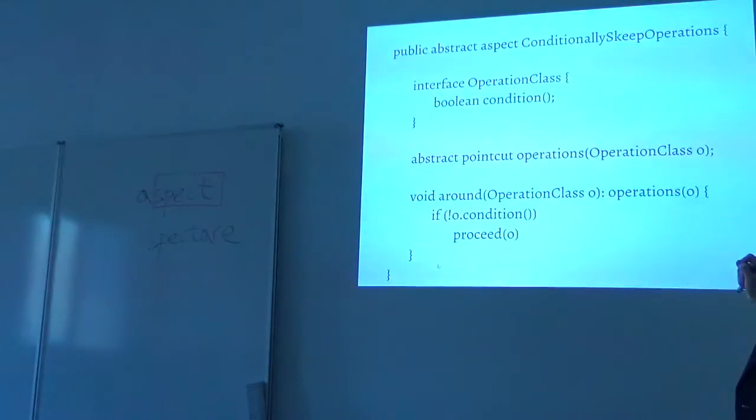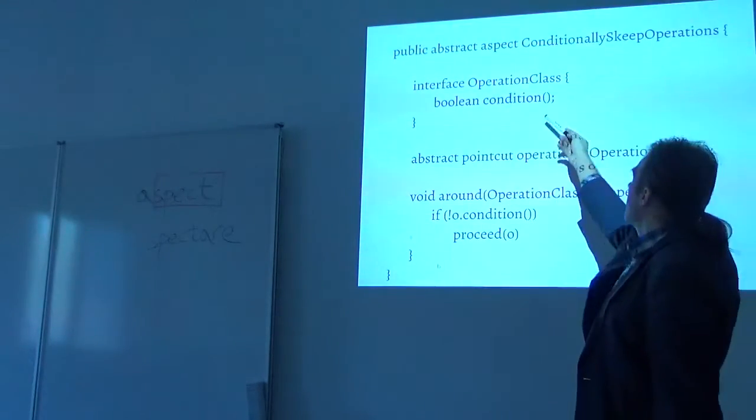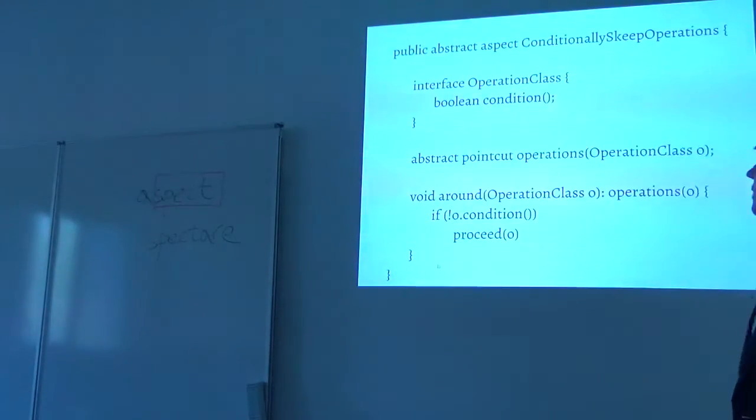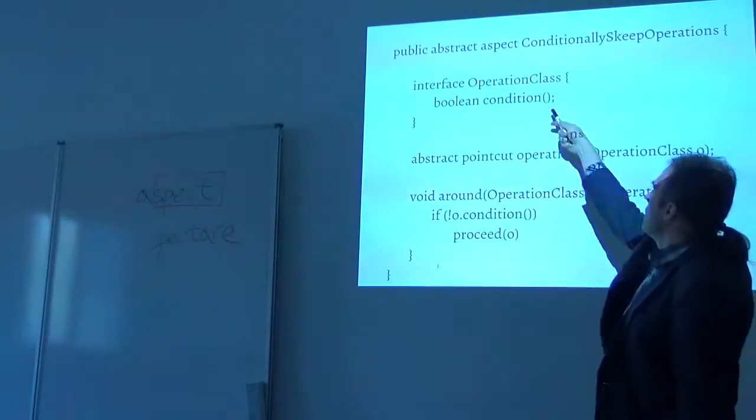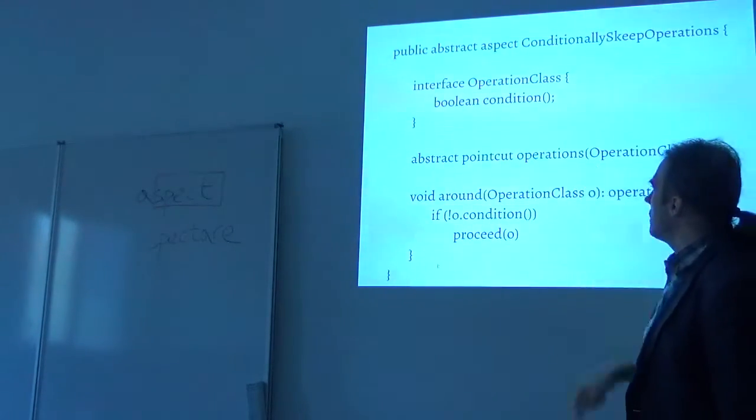So this is something that is applicable to different situations, and this condition operation comes through the interface implementation. So something would need to implement this interface and to implement this abstract pointcut.